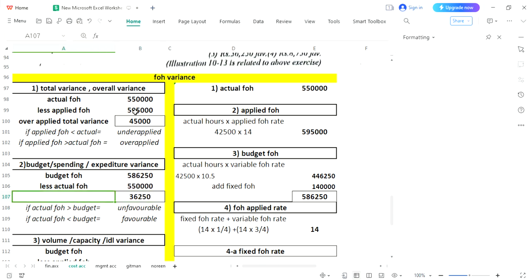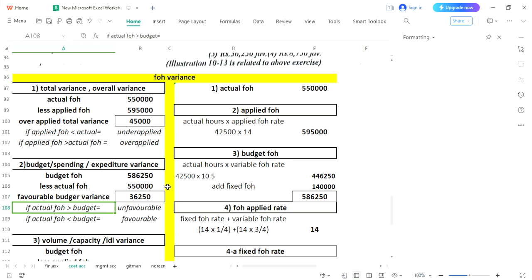It's time to conclude by putting your focus upon actual FH. Actual is 550, budget was 586. It means actual was less. If you are actually spending less, it would be a favorable budget variance you have calculated.